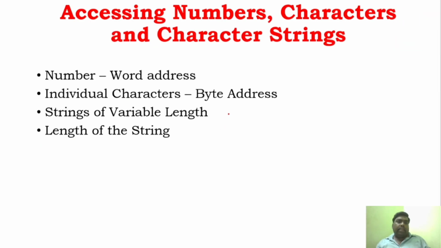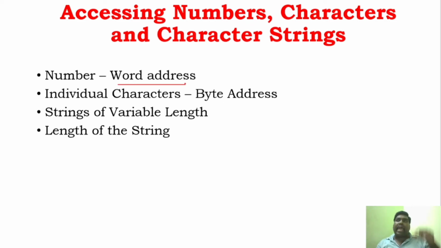Okay, right. Now we have seen what is address and how we have to access that particular address. Similarly, we can also access numbers, characters, and character strings. In a computer, if you want to access a number, it is accessed through word address, because each and every number is stored in a word, and it can be accessed through word address.